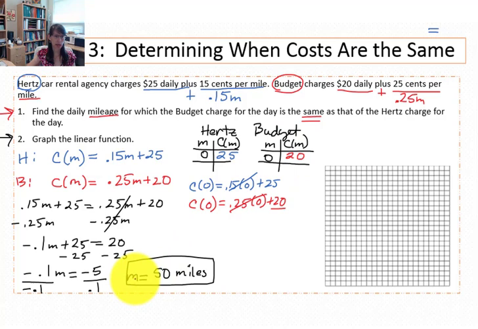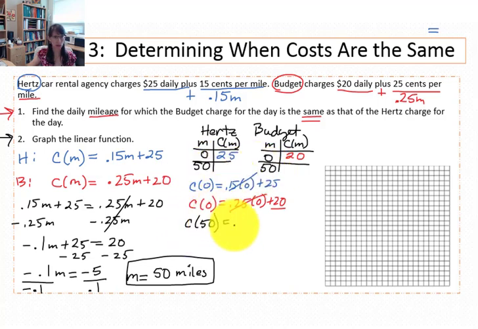Now looking back to M equals 50 miles, that is supposed to represent that at 50 miles the cost is the same, but we don't know what that cost is. We could find out by using 50 as the input value for both of these functions. So I'm going to substitute 50 back over here in the table and make that calculation now.